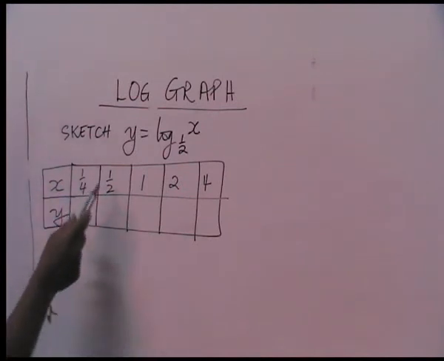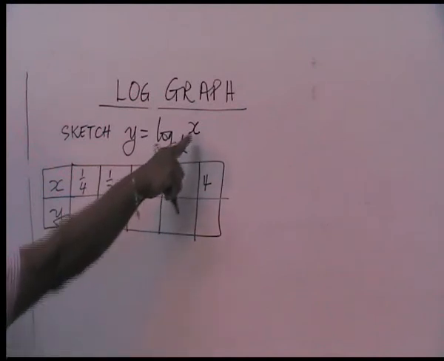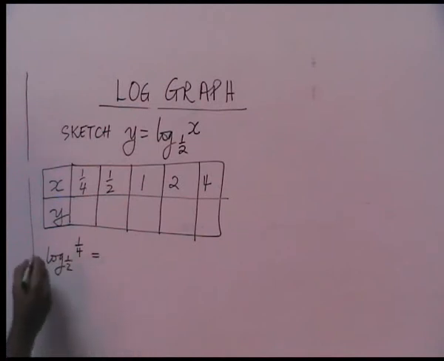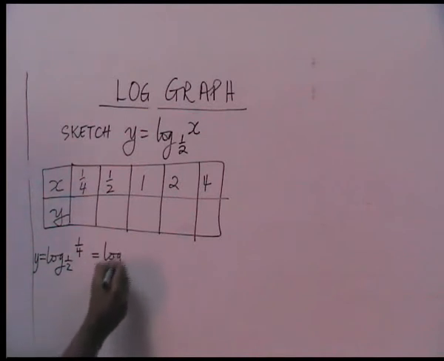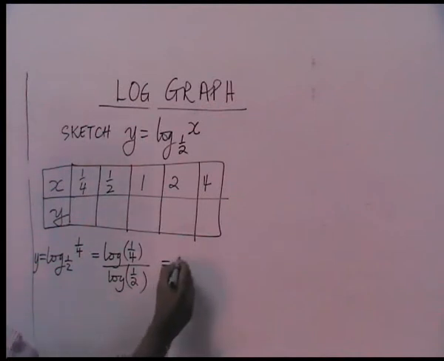Now, in the first case, what will we have? We'll have log of quarter to the base half, and y is equal to that. Now if I change base, it becomes log of quarter divided by log of half. If you put that in the calculator, you will get 2.